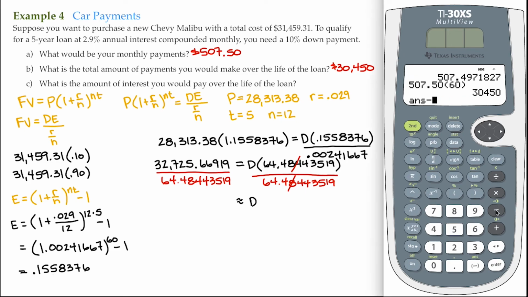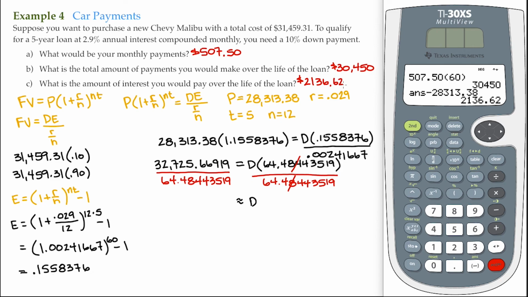I'm just going to go ahead and subtract out $28,313.38. So you wind up paying $2,136.62 in interest.